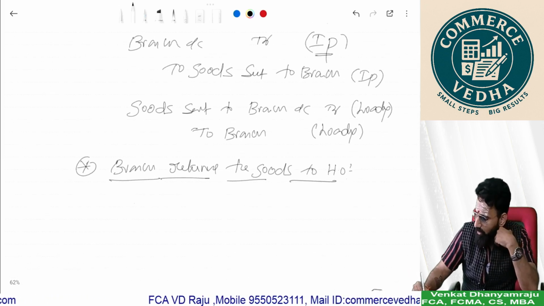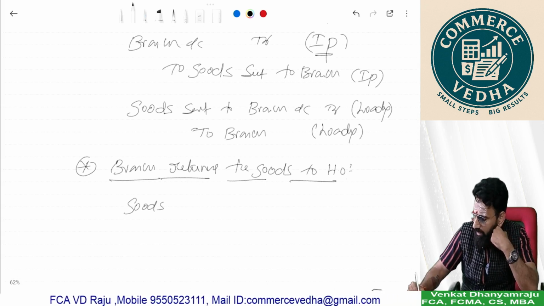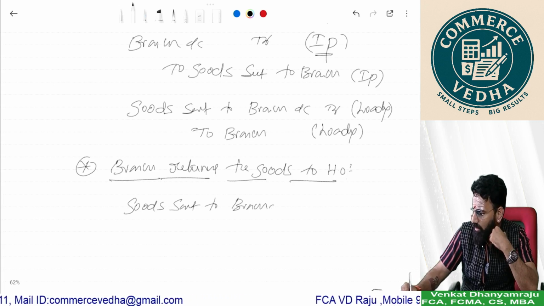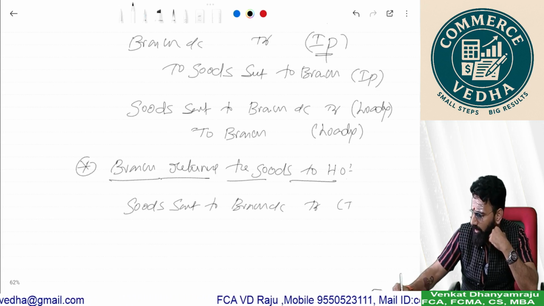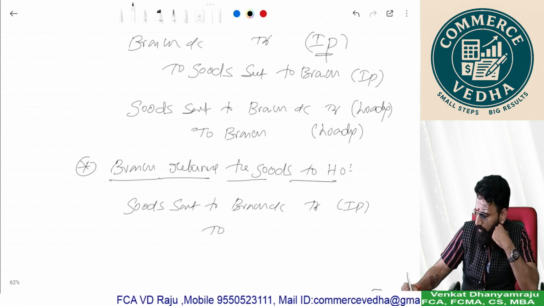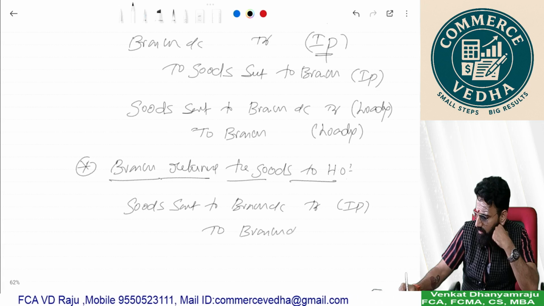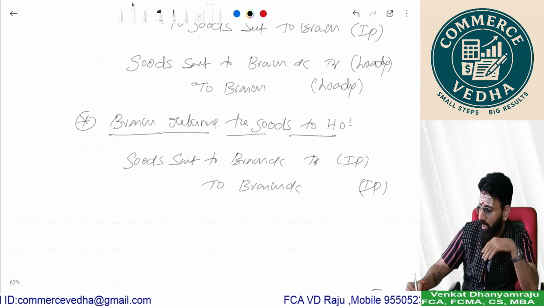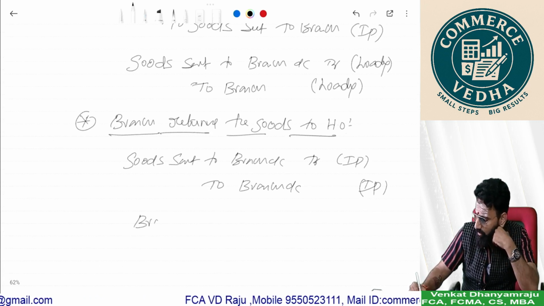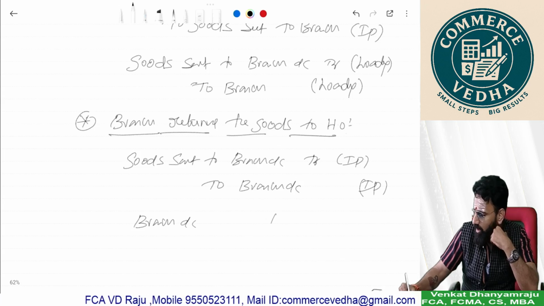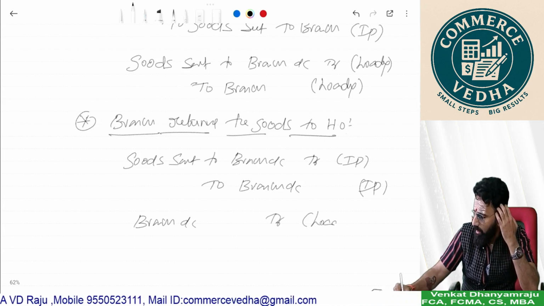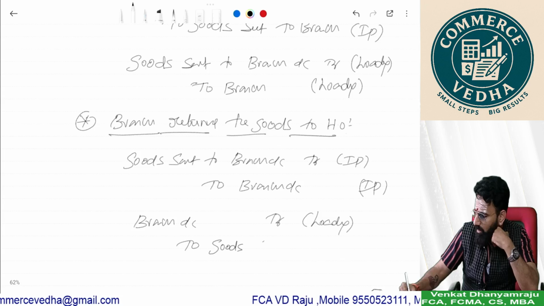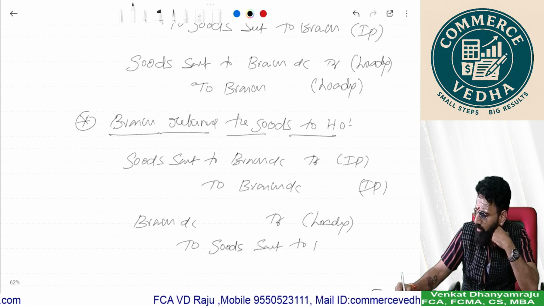Again I should write returns: goods sent to branch debit, invoice price to branch invoice price, and in this also there is loading. For that what should we do? Branch account debit loading to goods sent to branch.